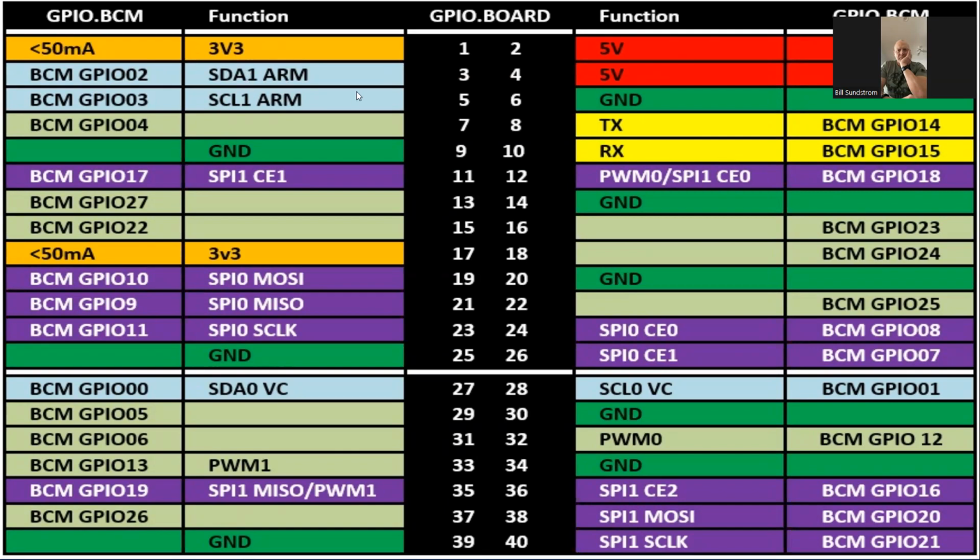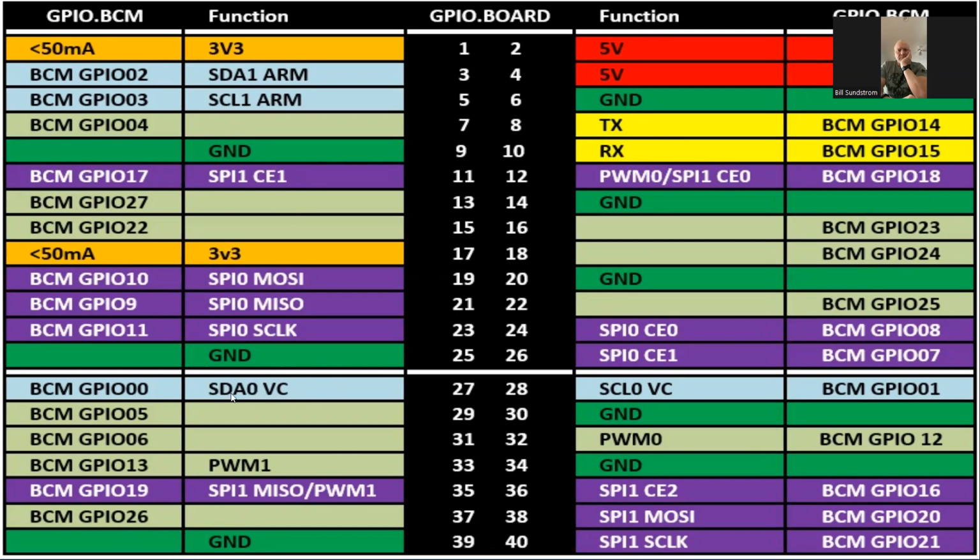So you can program whether that's going to be a GPIO pin, which is general purpose I/O, or, let's see, what is an SDA? That's part of the serial interface. These are more serials down here, the SPIOs.